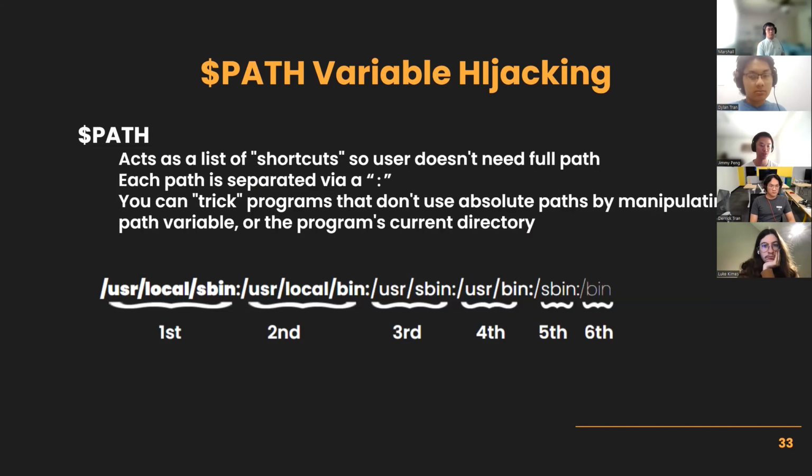The one searched first would be /usr/local/sbin, then second would be /usr/local/bin, and so forth. So how hijacking works is, if you put your own directory that you have write permissions to before /usr/local/sbin, the first one, instead of searching through the other directories for the binary or the command you want to run, it'll search through your directory. And if you put a malicious file with the same name as the command, it'll run that instead of the actual intended command.